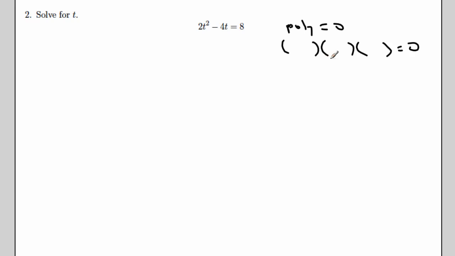So from this we would know that if this product is 0, then one of the factors has to be 0, and that would allow us then to solve several smaller equations and build our solution set.